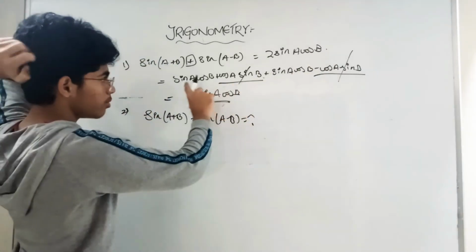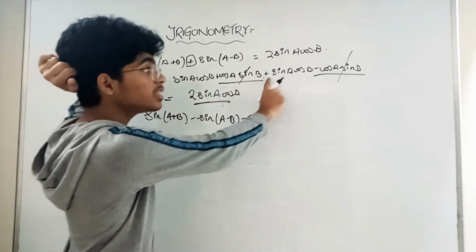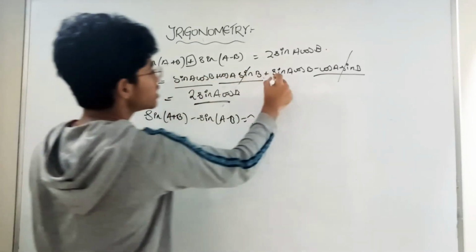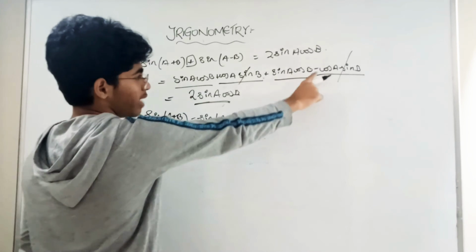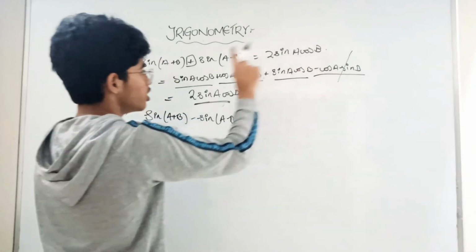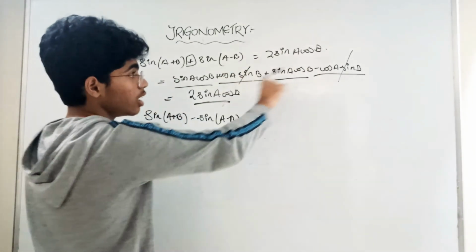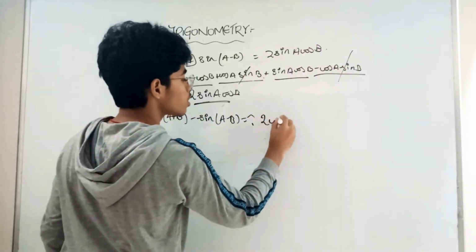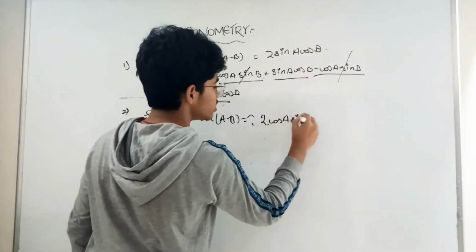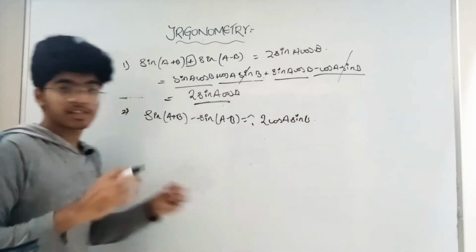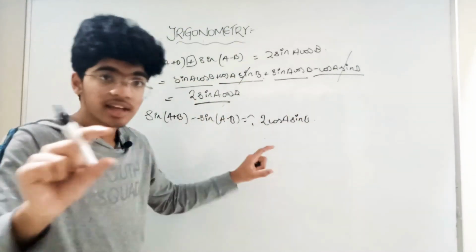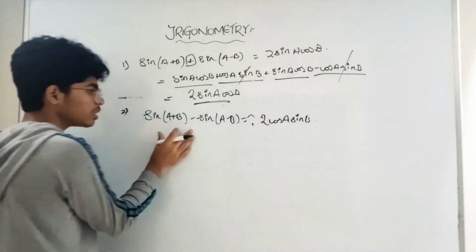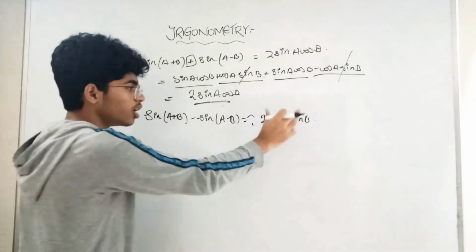So this is going to become sine a cos b minus sine a cos b. So these two terms will get cancelled, and minus into minus is plus. So plus cos a sine b plus cos a sine b, which is equal to 2 cos a sine b. So instead of writing the whole thing again, we just got it from the previous one. So sine of a plus b minus sine of a minus b equals 2 cos a sine b.